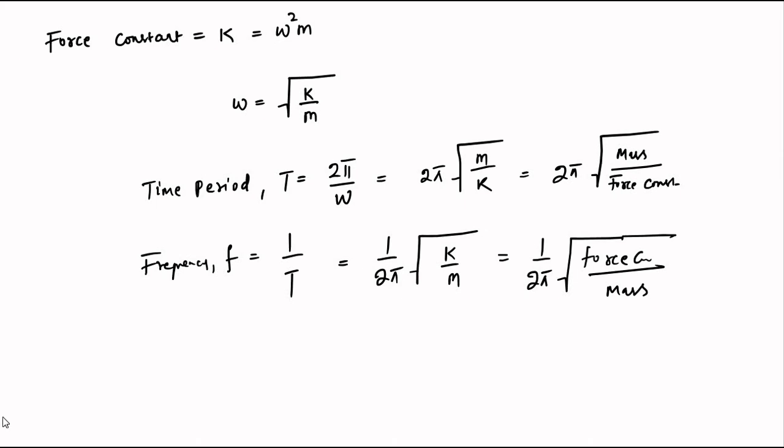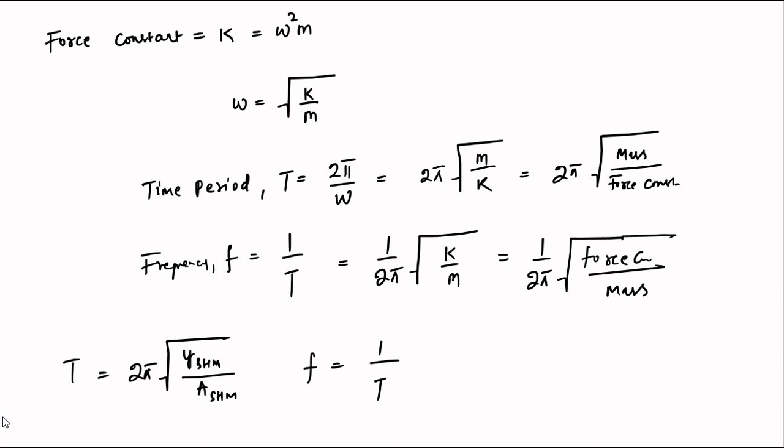Previously, in the previous video where we discussed the important parameters, we calculated the time period as 2 pi root over of the instantaneous displacement of simple harmonic motion by acceleration, and frequency was its reciprocal.